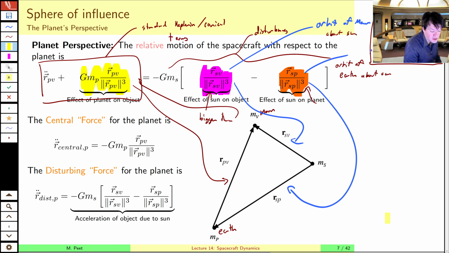Here's our sun, here's the Earth, and here's the moon. The acceleration of these two towards the sun is going to be approximately the same.